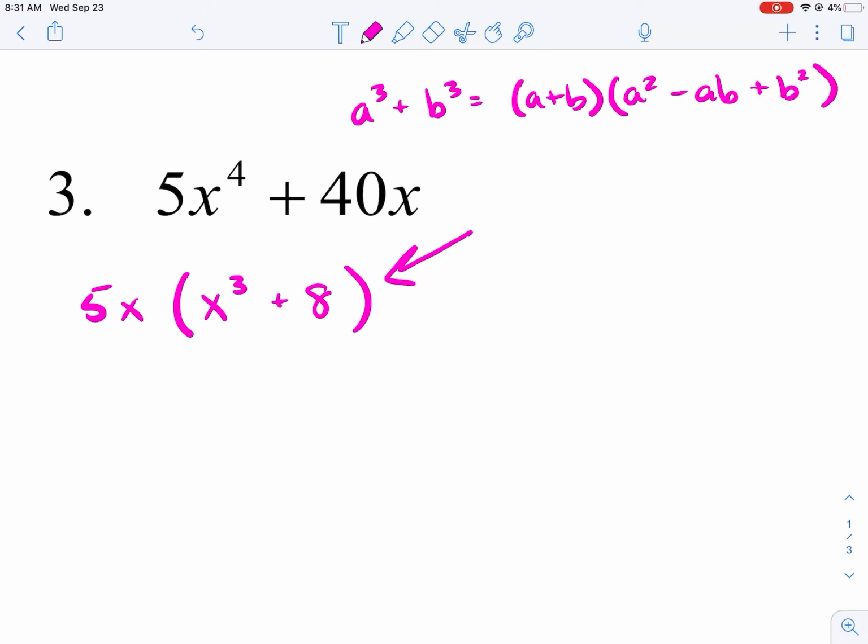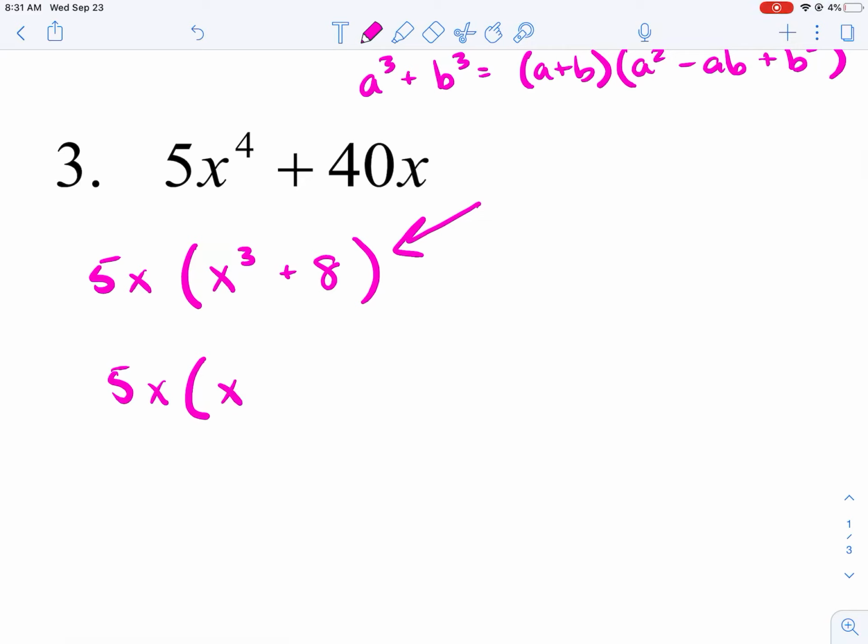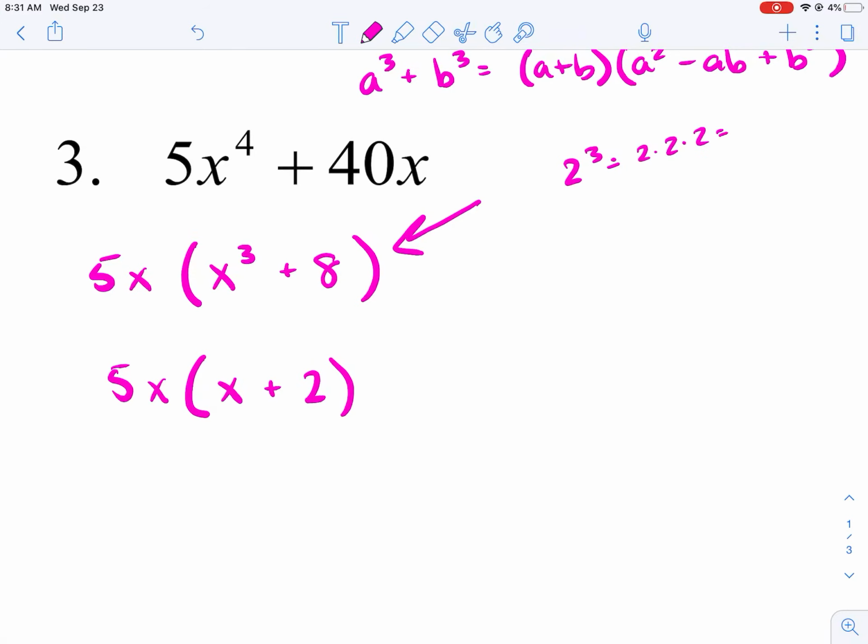So we go 5x. Our a value here is just x, and our b value here is 2, because 2 cubed is 8. 2 times 2 times 2 is 8.